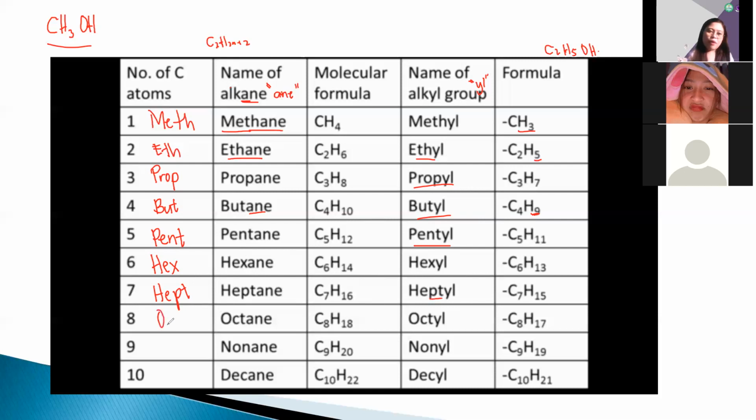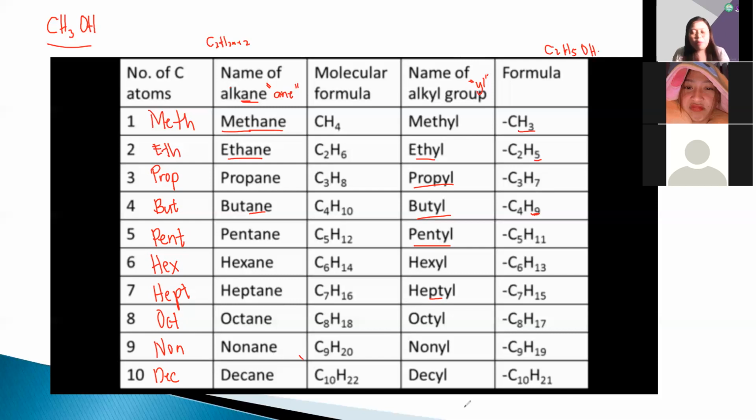And for 8 carbons, our prefix is oct, plus the ending, octane. Octyl siya, minus 1 hydrogen. And for 9 carbons, our prefix is non, so nonane, minus 1, nonyl. And lastly, we have 10 carbons, dec. So decane, pero pag minus 1 hydrogen, decyl.